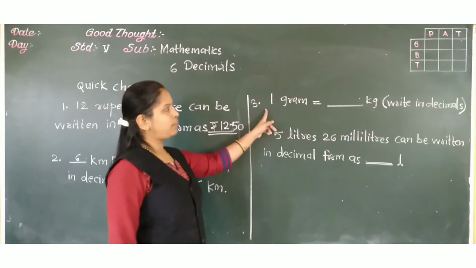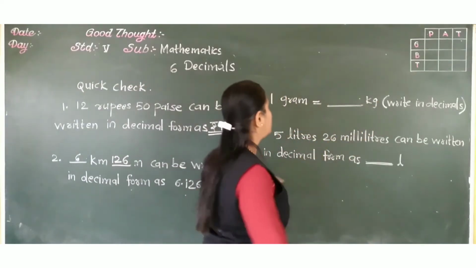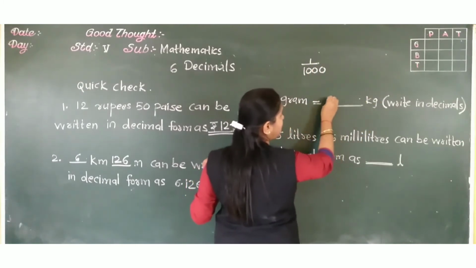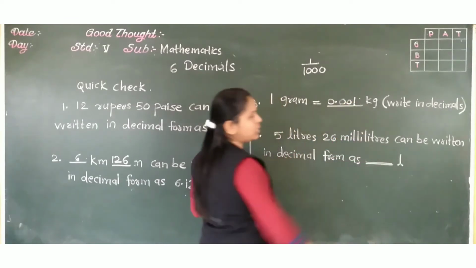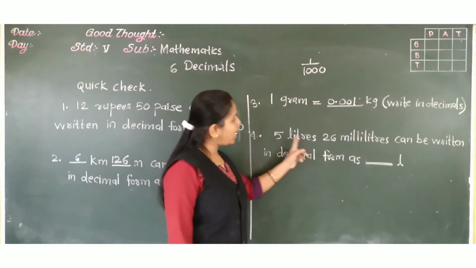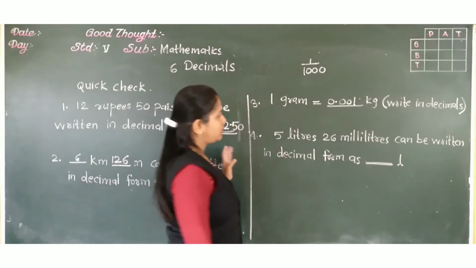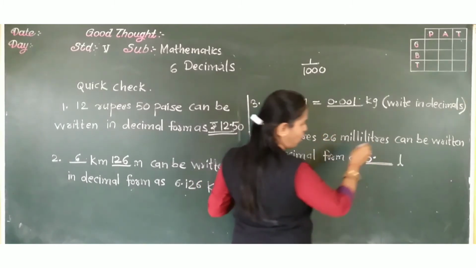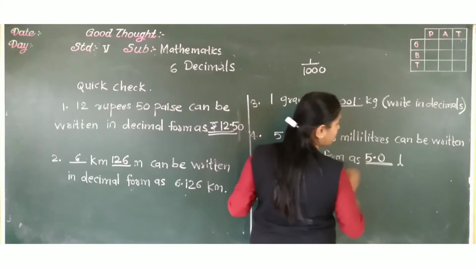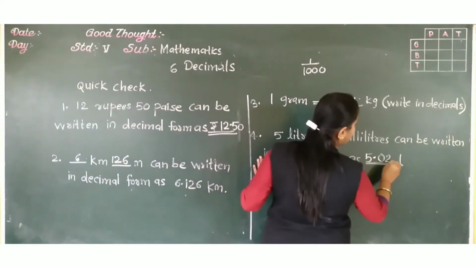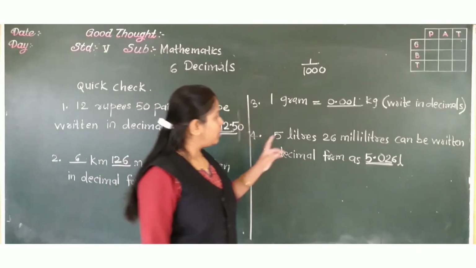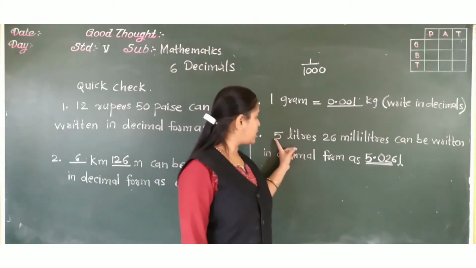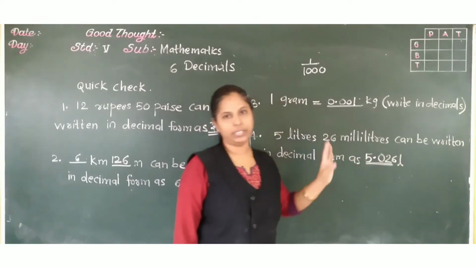Next, 1 gram is equal to how many kilogram? I have shown you, divide it by 1000 and we have to write in decimal. So 0.001 kg. Okay. Next, 5 liters and 26 milliliters can be written in decimal form. How to write? 5 whole part point only 26. Before that write 0, so 26 milliliters means 0.026, and in decimal form 5.026 liters.